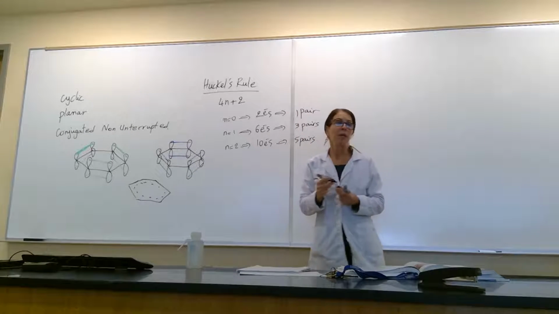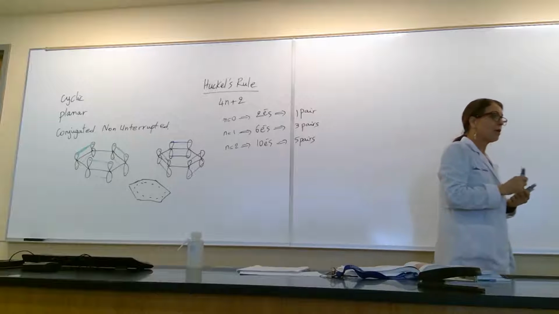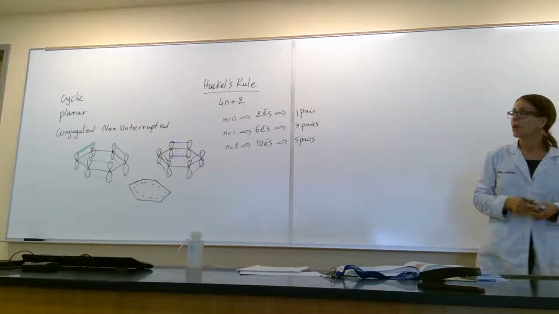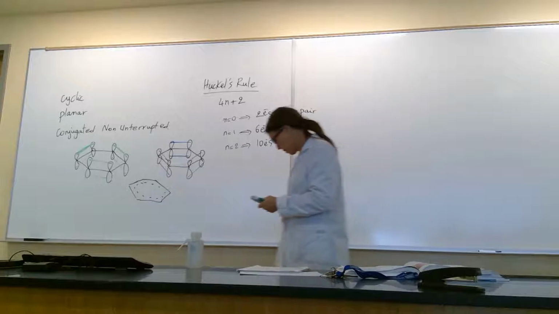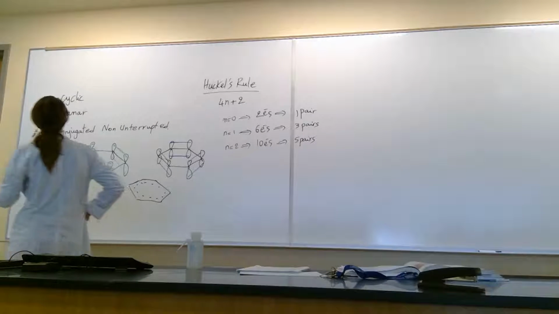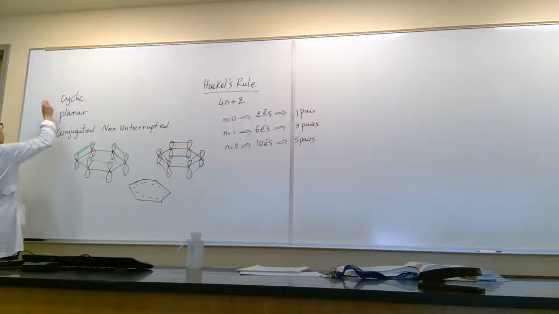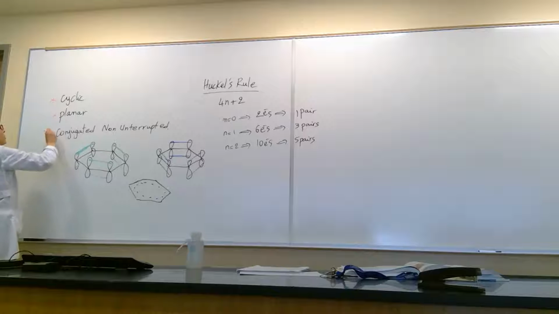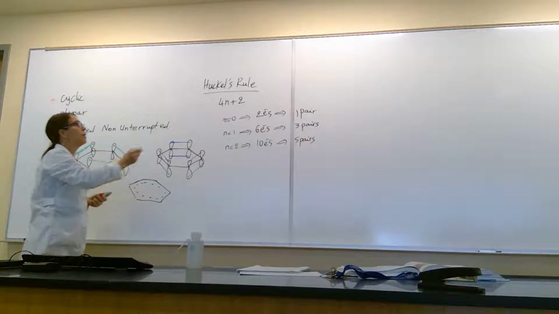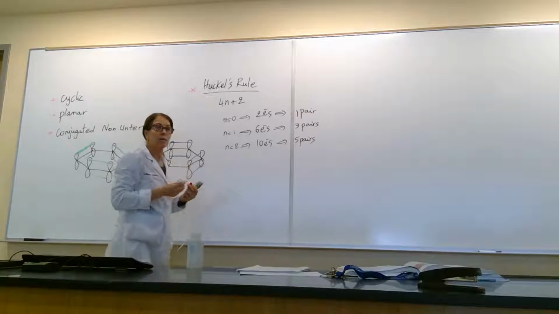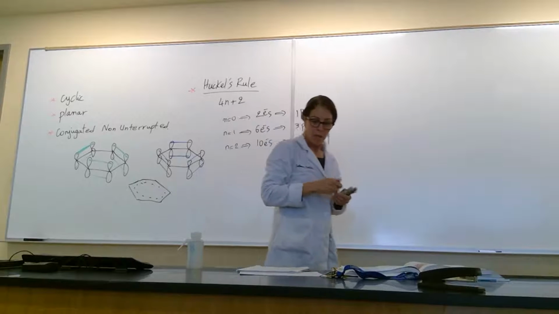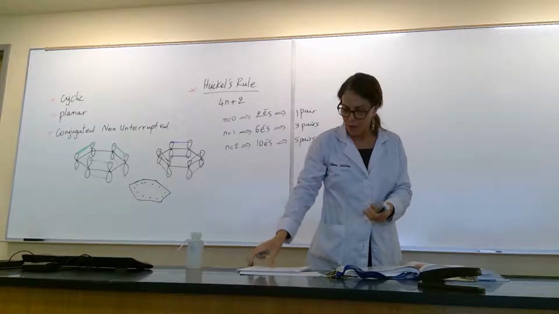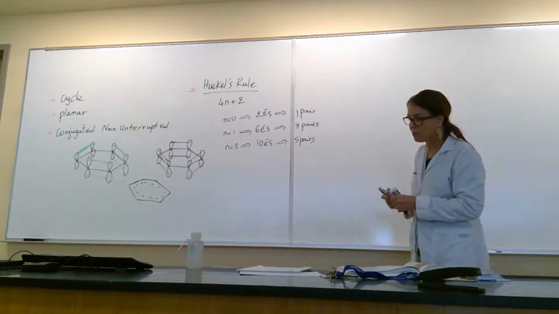So it has to be an odd number of pairs of electrons. So these are your 4 conditions. Don't forget, it has to be cyclic, it has to be planar, it has to be conjugated, and it has to follow Huckel's rule. So to see this, let's put a few examples.